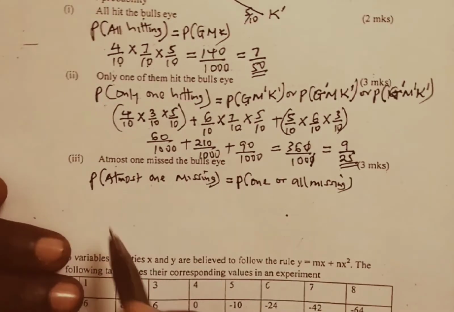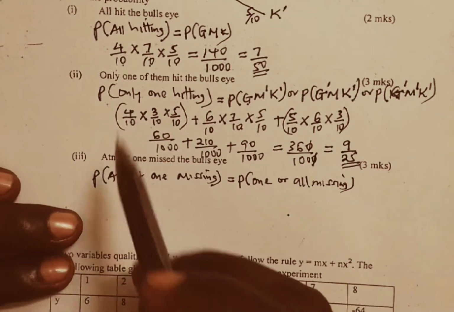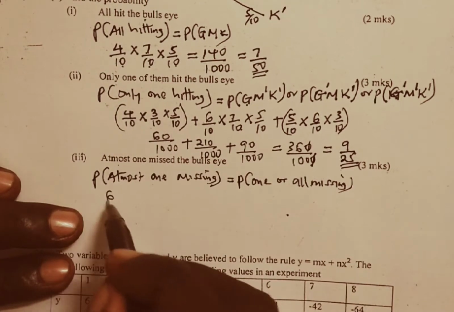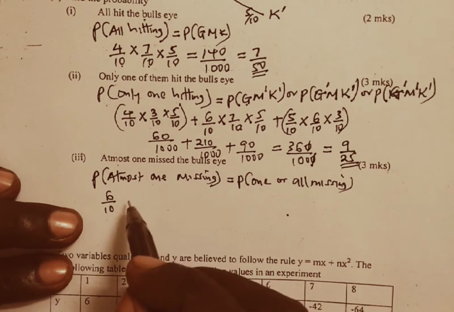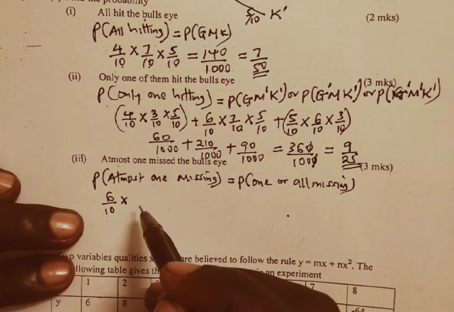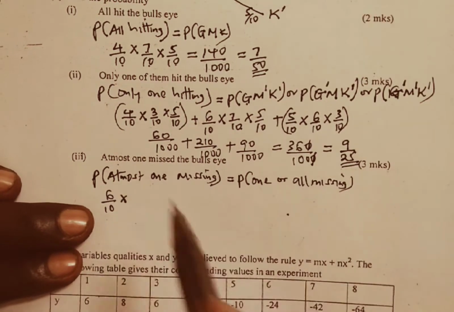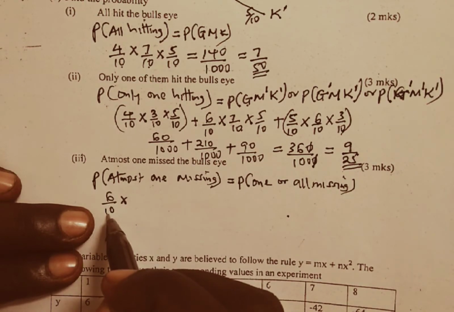So if we continue, we can say if one misses with Gitongo, which is 6 out of 10, the other two will actually hit the target. So that is 6 is the one missing.